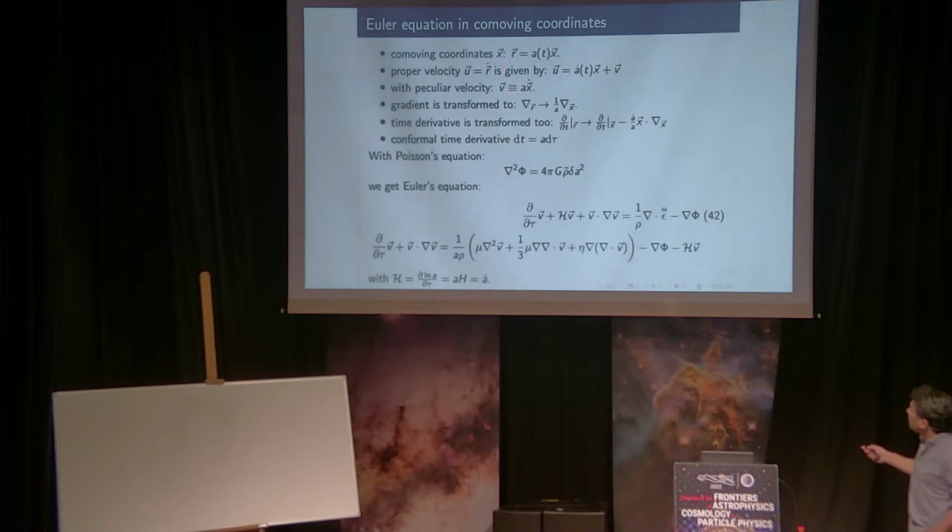That transformation transforms gradients with respect to r into gradients with respect to the co-moving coordinate x. You get a 1 over the scale factor, and the time derivative is transformed too. This is the usual thing which surprises one when one studies cosmology, but in the lecture notes I have added, it's very precisely derived.